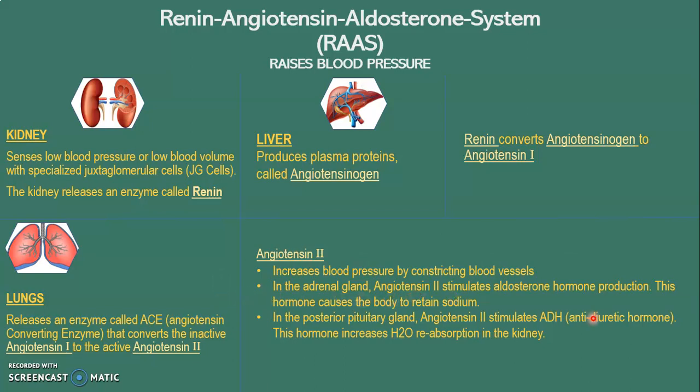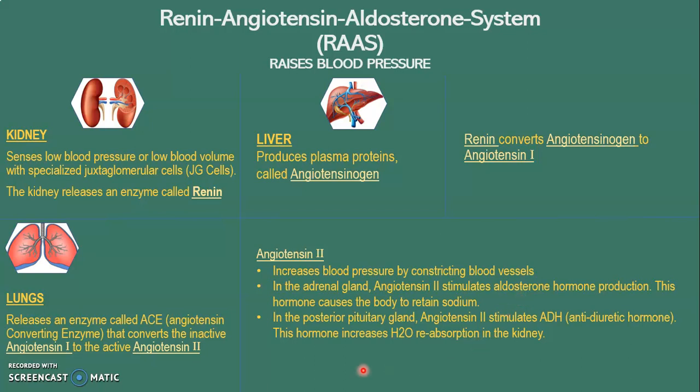Angiotensin 2 stimulates a hormone called aldosterone, which causes the body to retain sodium. And the higher the sodium you have in your body, the higher your blood pressure is.